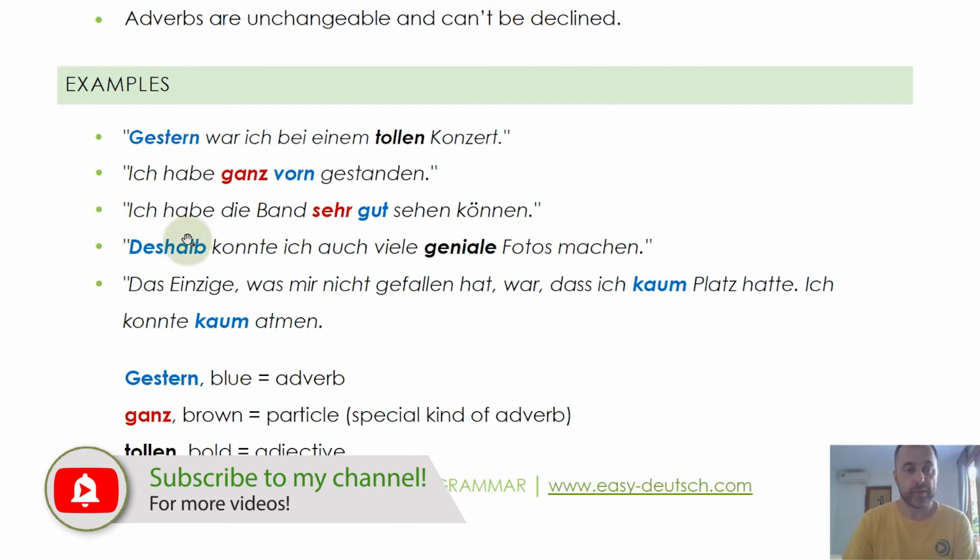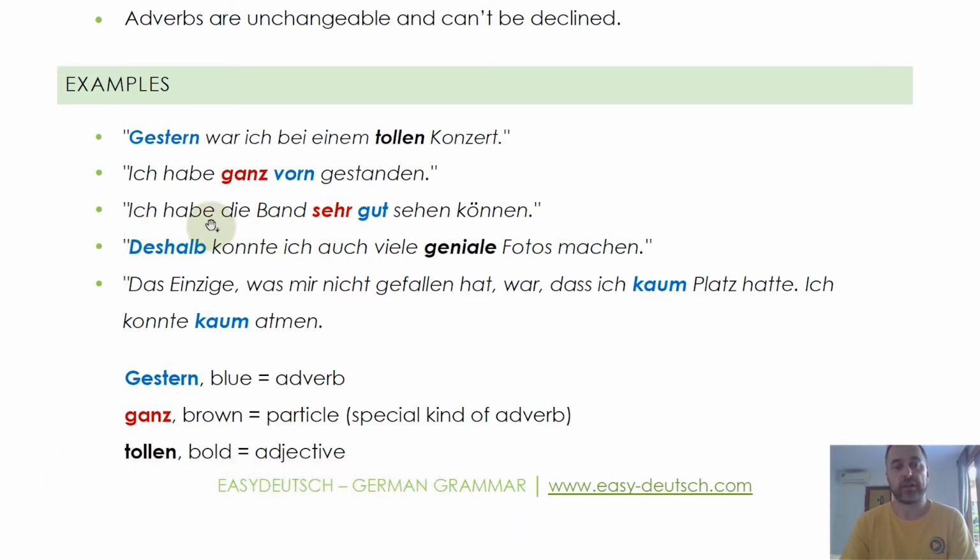The next example, ich habe die Band sehr gut sehen können. So I could see the band very well. Here we have a similar construction in English, apart from the sentence structure, it's different, but this means very well.